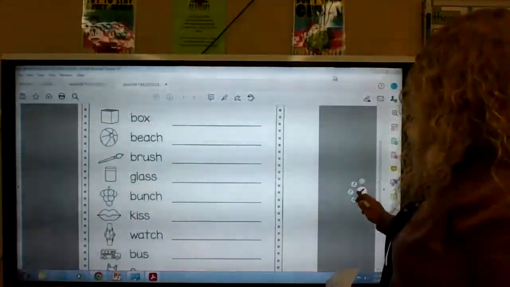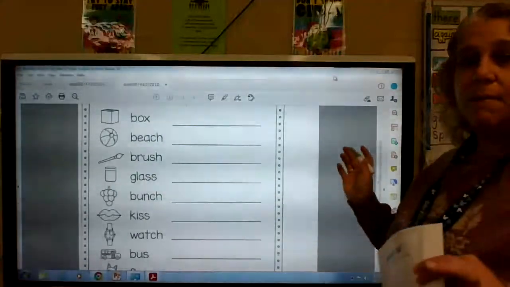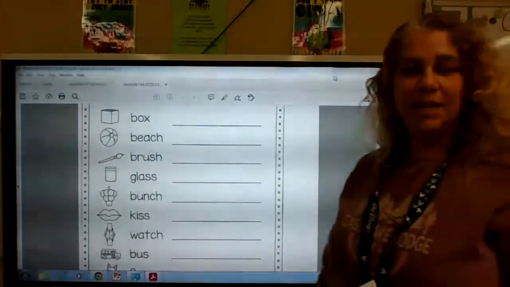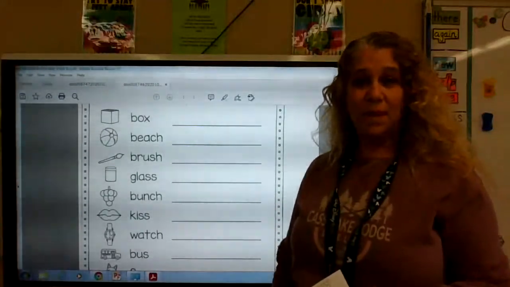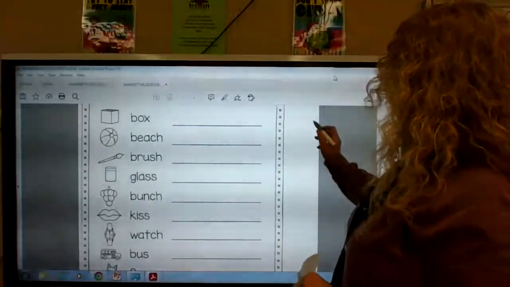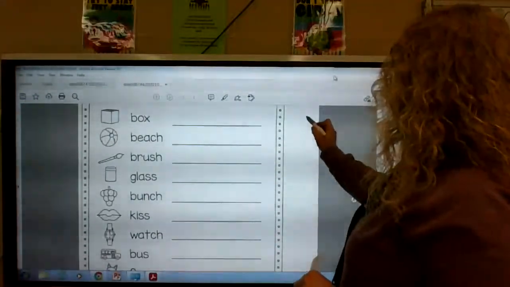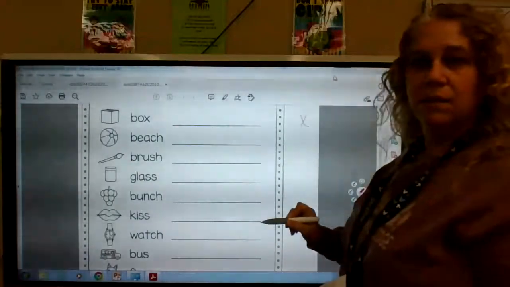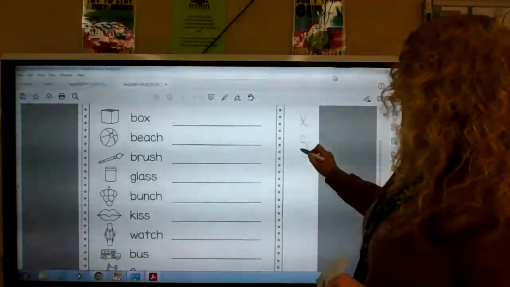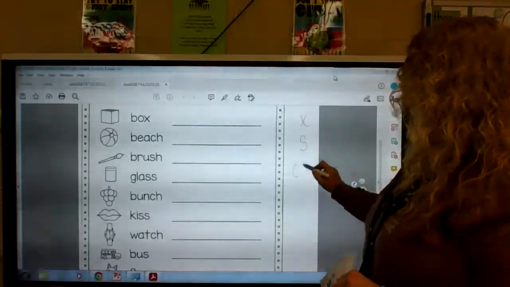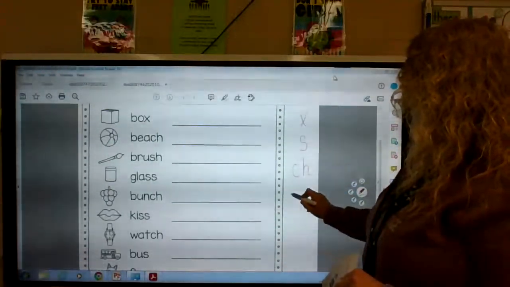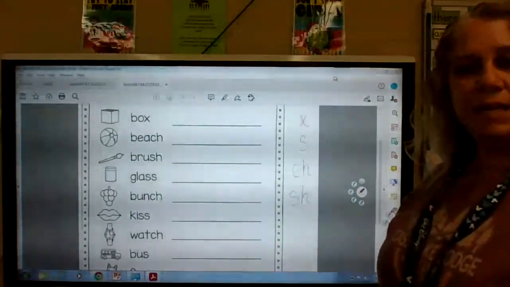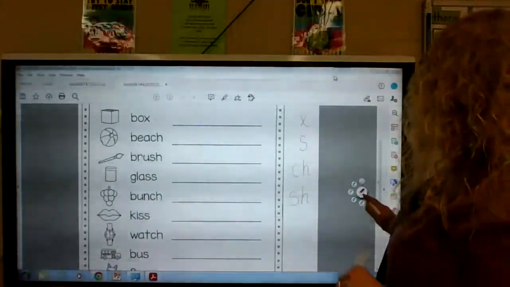So what we have to do is we're going to make them plural. And I think most of them we are going to have to add ES, maybe all of them. Okay, so we need to remember, I'm going to write over here what we need to remember for the endings. If it ends in an X, if it ends in an S, or a CH, or an SH, we have to add ES, right?